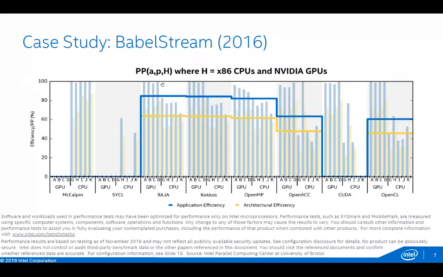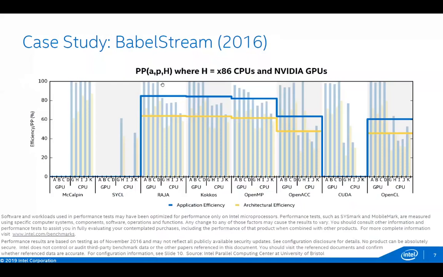So here's a case study for the BabelStream benchmark developed at the University of Bristol. BabelStream is basically McCalpin's STREAM Triad benchmark, but rewritten in several different languages and frameworks as a means of looking into performance portability, but also to enable STREAM Triad bandwidth to be computed for lots of different platforms that McCalpin's code doesn't run on.